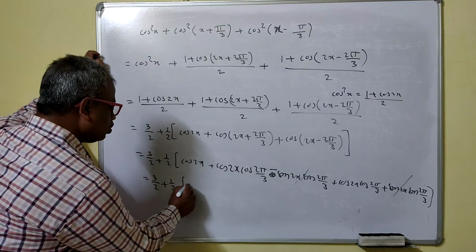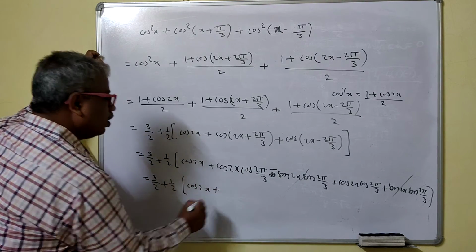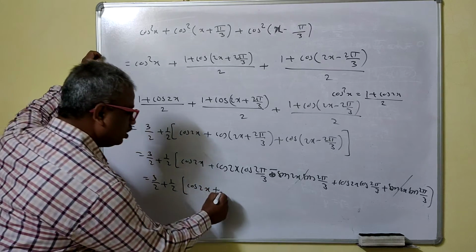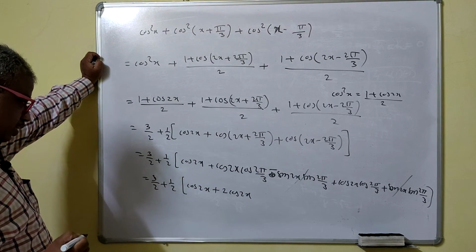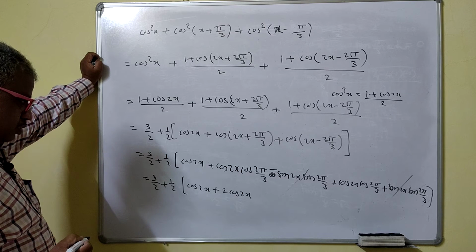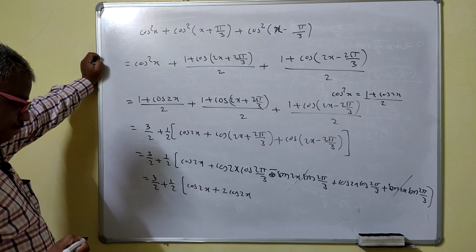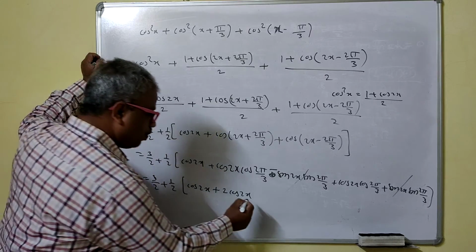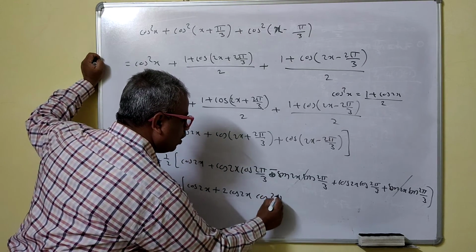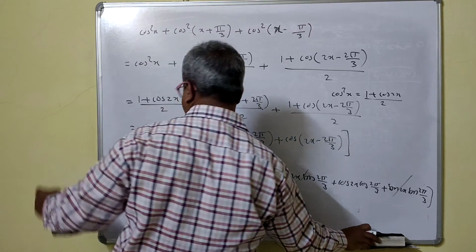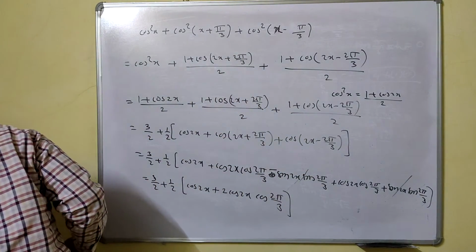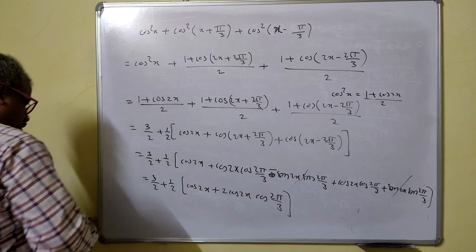So this is cos twice x plus, if you take addition, 2 cos twice x, plus 2 cos twice x cos 2 pi by 3. What is your LHS? What you have to prove is 3 by 2.